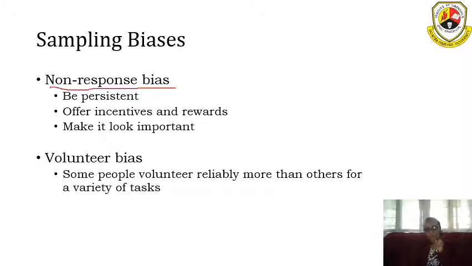You pick your selected sample size, you send out your questionnaire, especially if you're sending it by email, or an electronic one using SurveyMonkey or Google Forms, and there's no response, or there's very limited response.